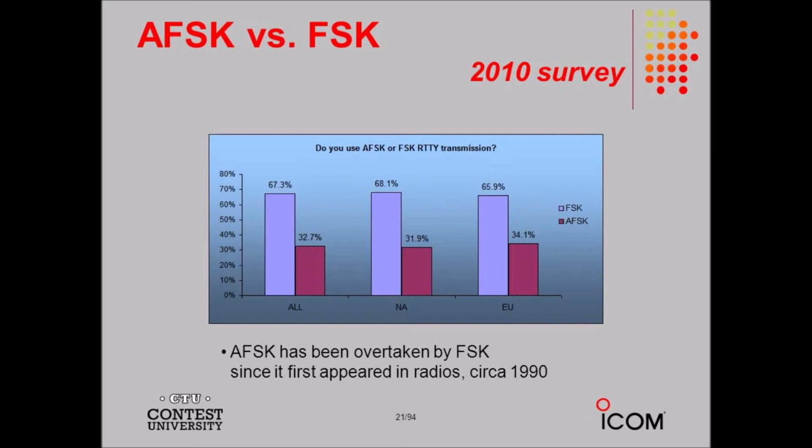The RF energy between minus 3 kHz and the carrier frequency is called the lower sideband, LSB. The RF energy from the carrier frequency to plus 3 kHz is called the upper sideband. The signal bandwidth equals the difference between the maximum and minimum sideband frequencies.